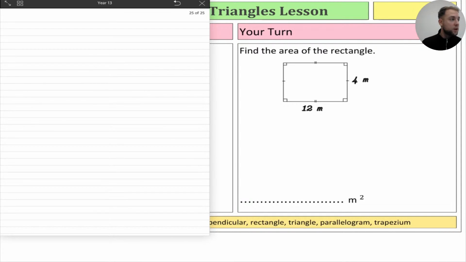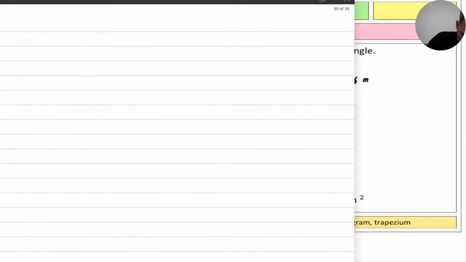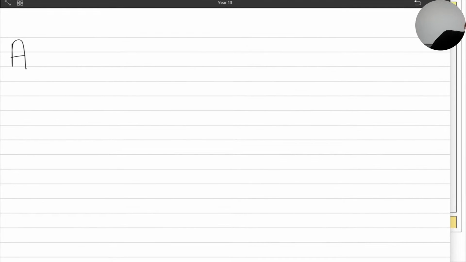So the first thing we're going to do here is write down some definitions of what area is. Okay, so area is the amount of space inside a 2D shape.